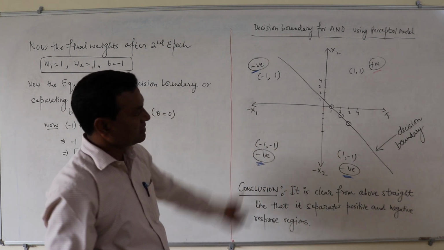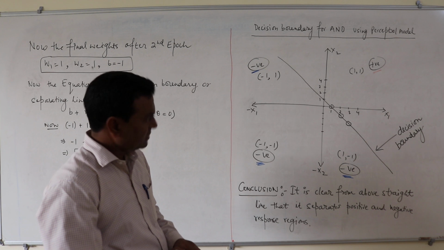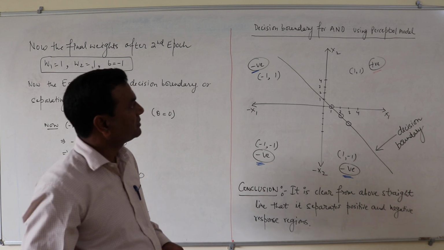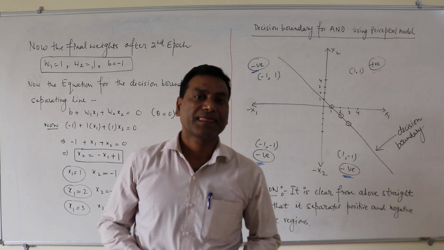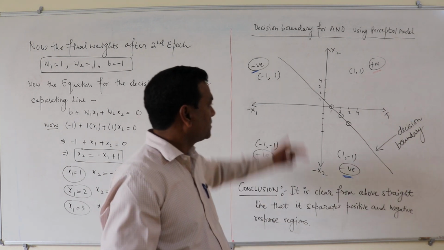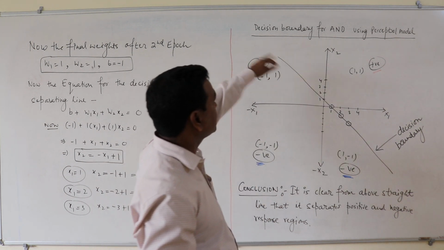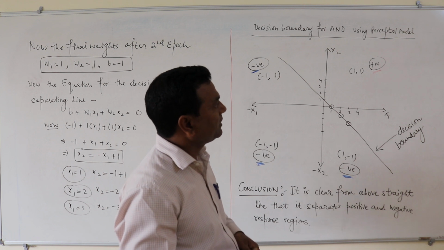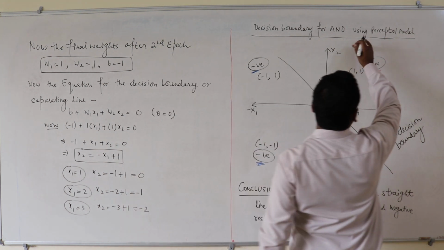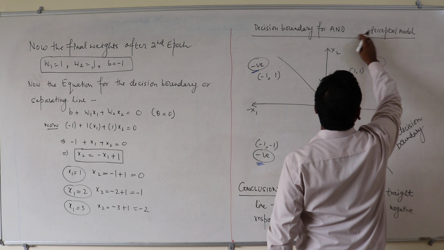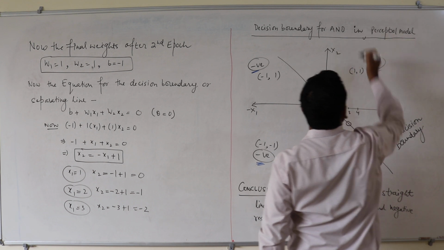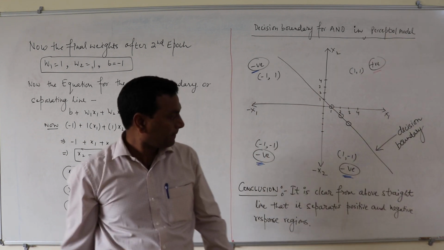So we can easily see. So this is complete. This was the AND function using the perceptron model. So this straight line is the decision boundary for AND in the perceptron model. Thank you.